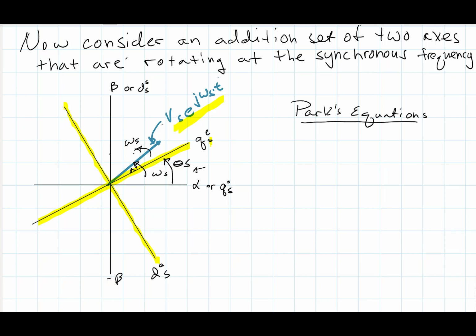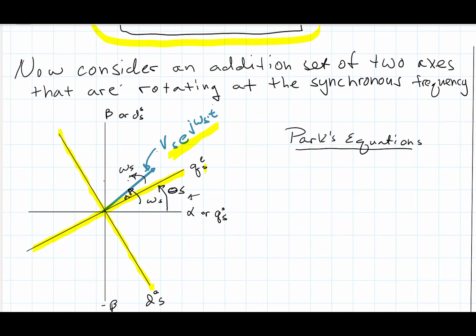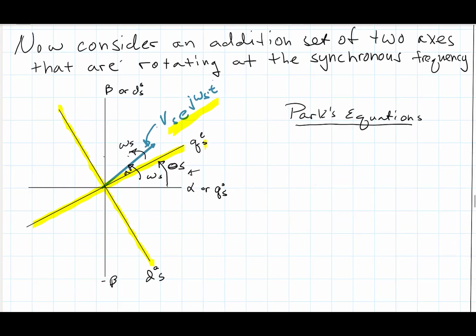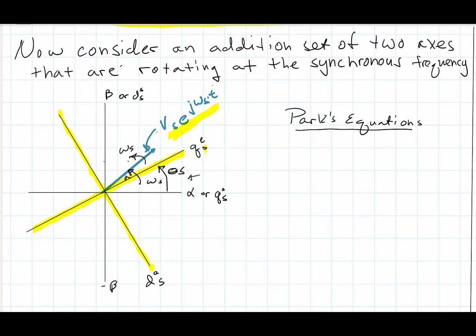It's eventually going to put the voltages or currents into a reference frame that's rotating at either the synchronous frequency or the rotor frequency, if the rotor frequency is different, say if it's an induction motor. So let's say we're going to convert from the alpha beta to the Q and the D.